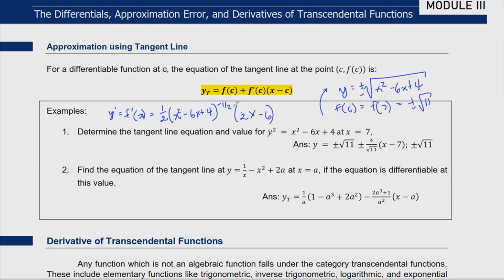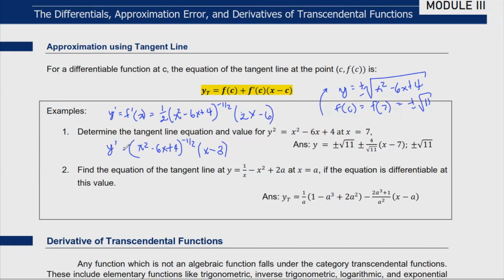We can also factor out 2 from here. So I'll be able to get y prime equal to x squared minus 6x plus 4 raised to negative 1/2, times x minus 3. So I factored out 2 and cancelled it with the 1/2.